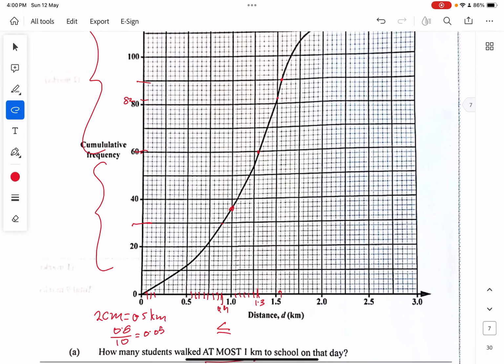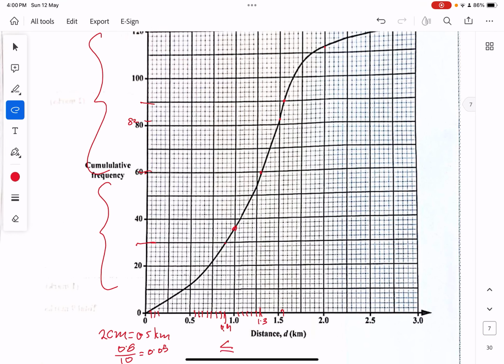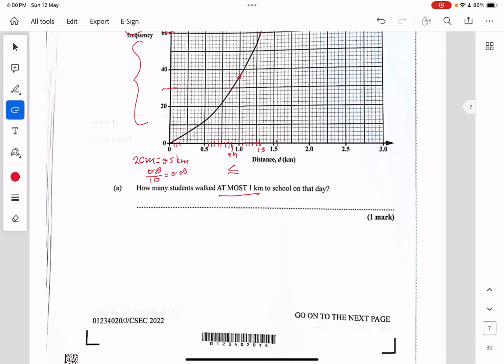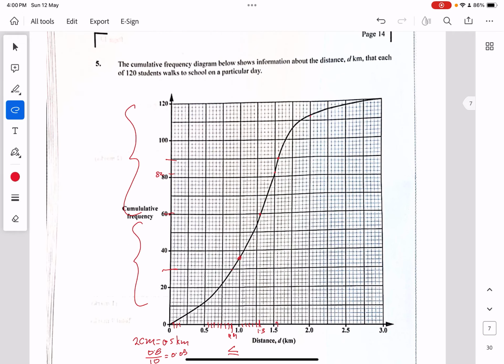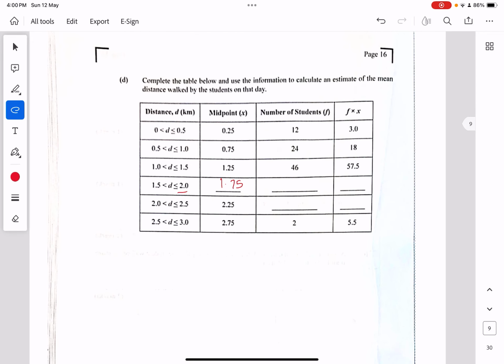So for 2, we have this here. So that's going to be 112.